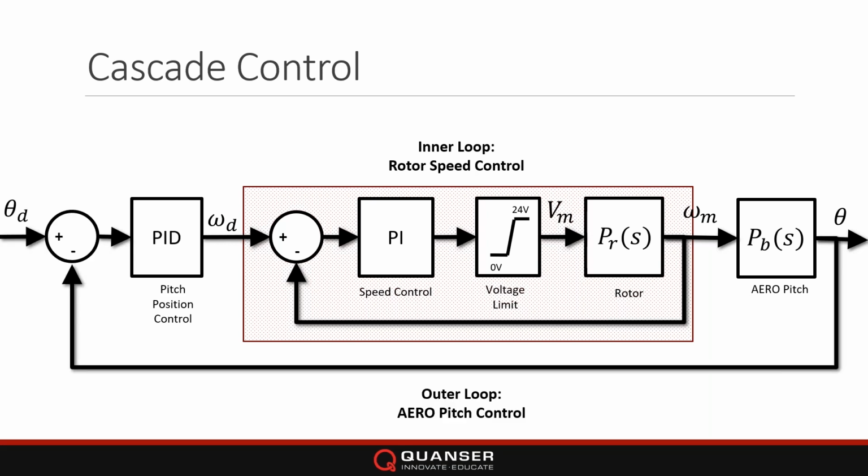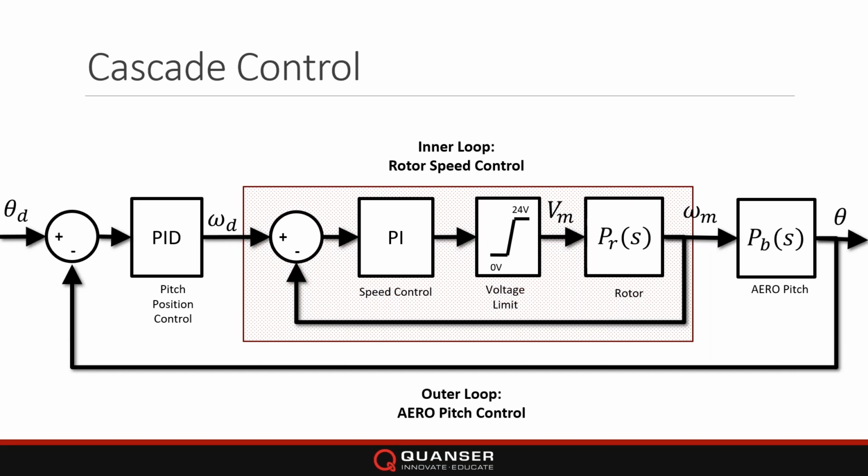Then we're going to design an outer loop, a PID controller, to control the position of the pitch. The outer loop PID controller will give a command to the rotor speed control, and the rotor speed control will compute what voltage is needed to reach that velocity.